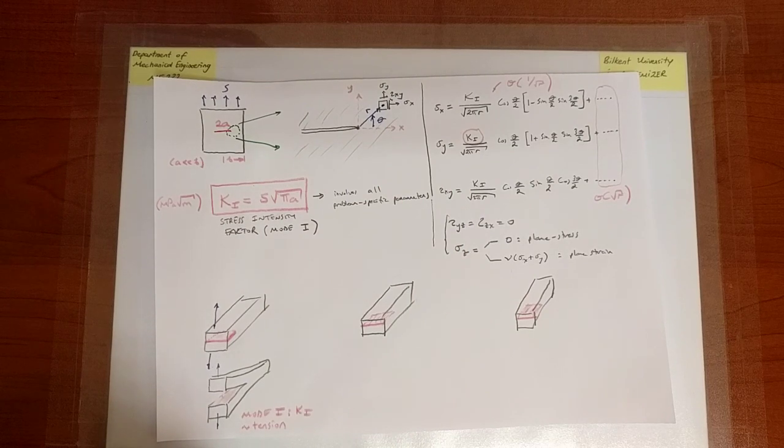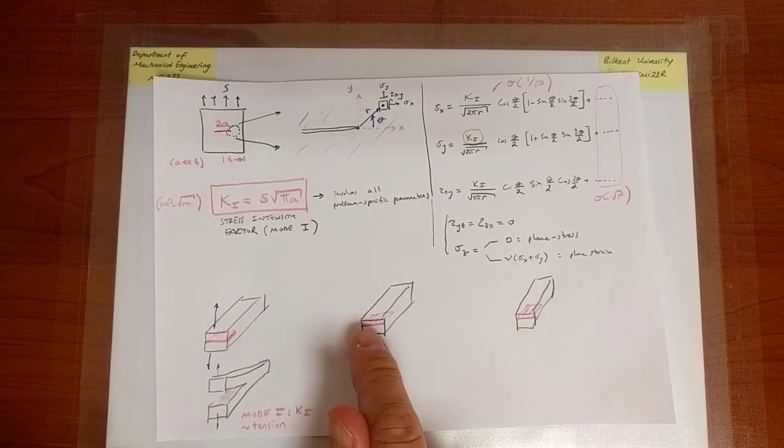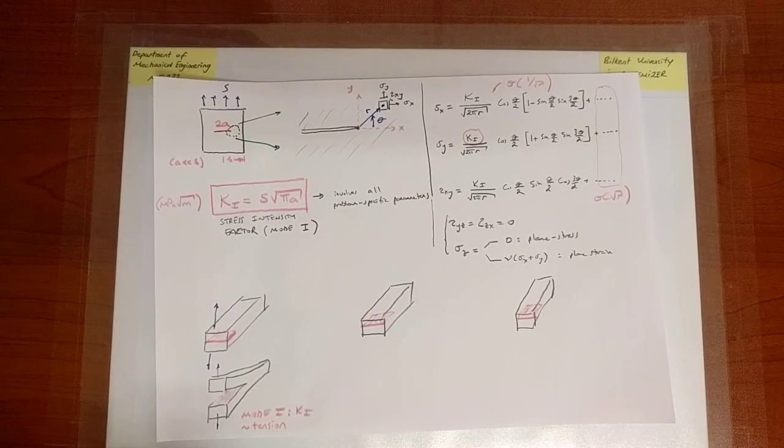Now, let me ask you a question. What other types of loading can I apply to this portion of this bar where there is a crack, such that the crack surfaces do not open in a relative fashion, but they do something else, right? Or you can think about the question in the following way.